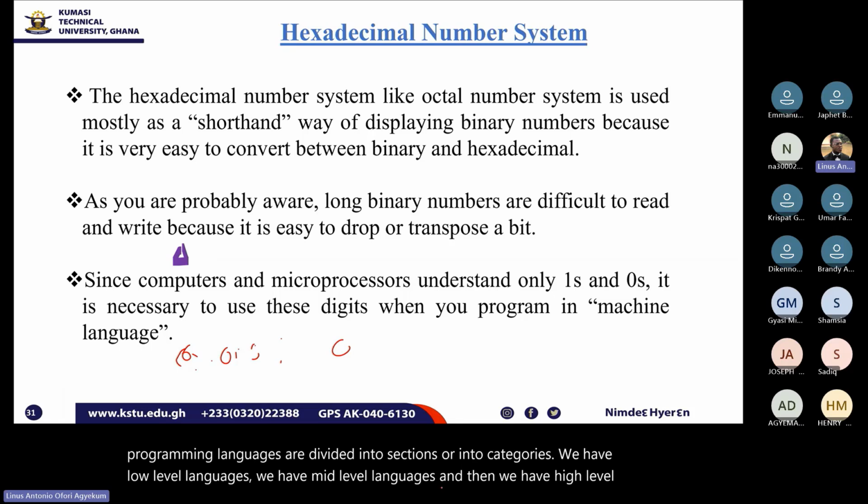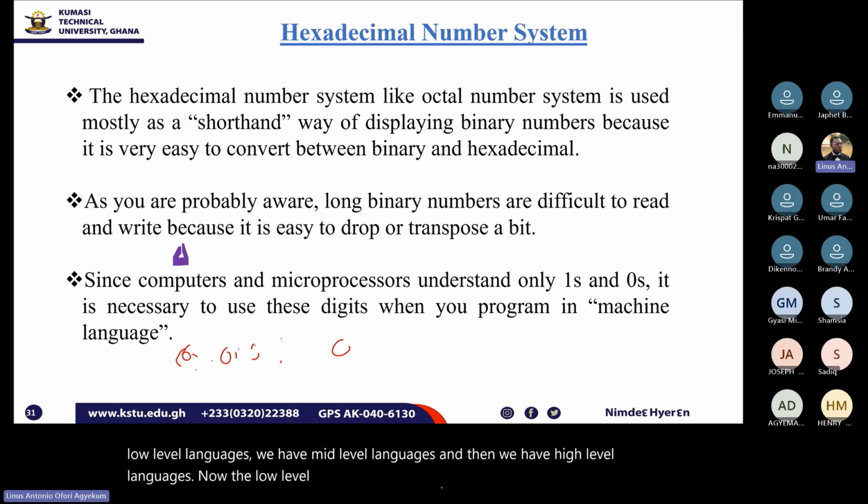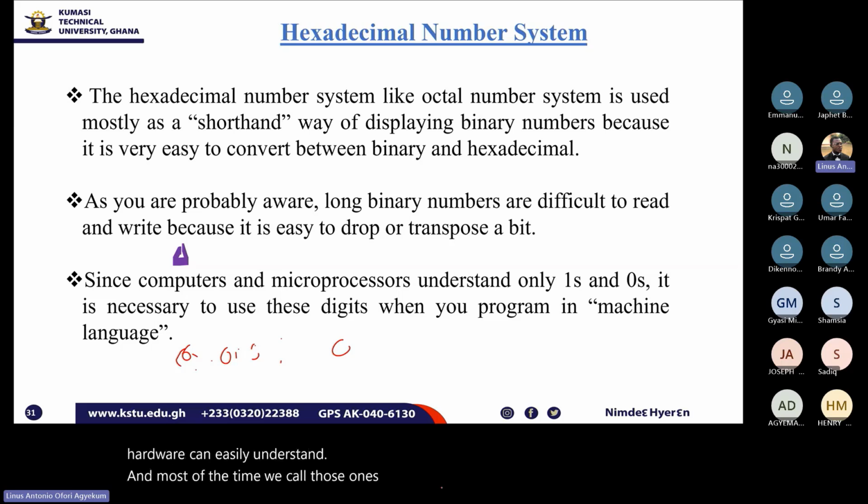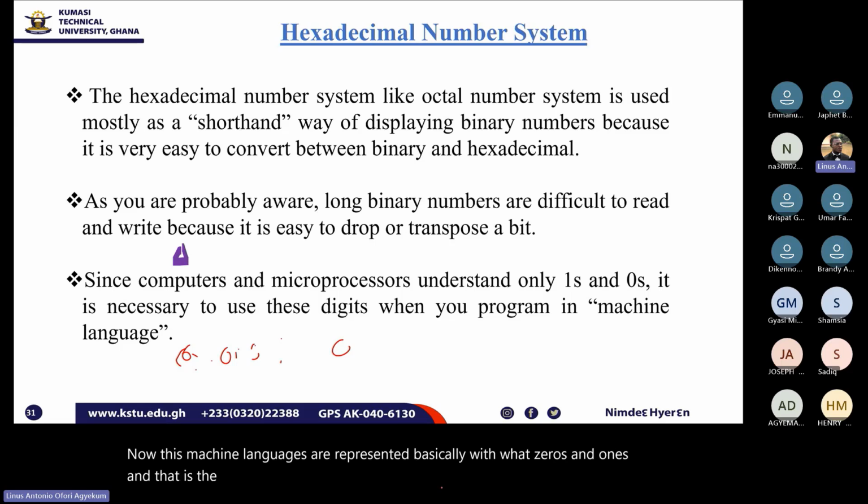Now, the low-level languages are the languages the computer hardware can easily understand. Most of the time, we call those the machine or the assembly languages. Now, these machine languages are represented basically with what? Zeros and ones. And that is the language any computer hardware understands.